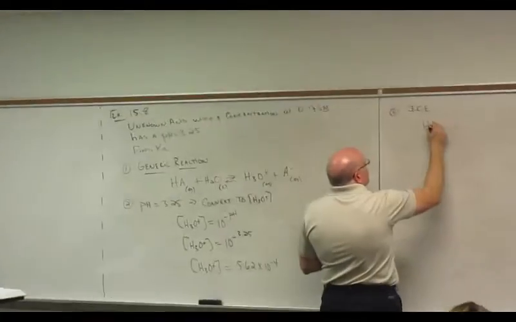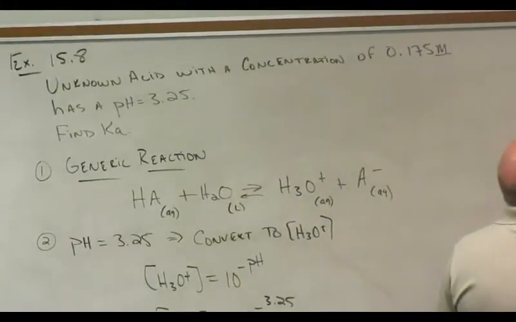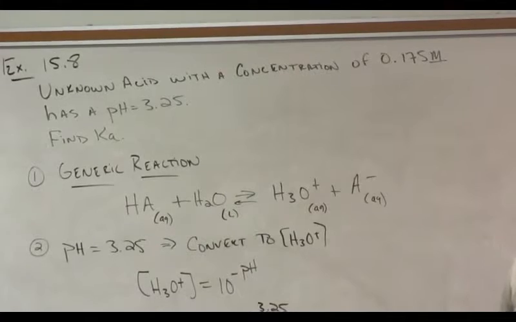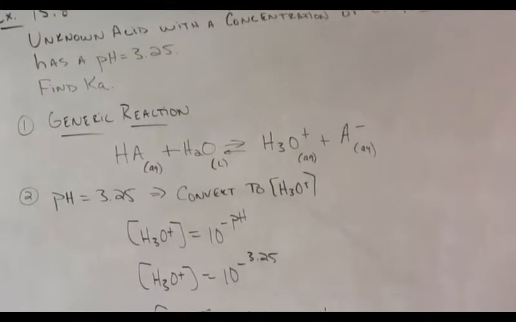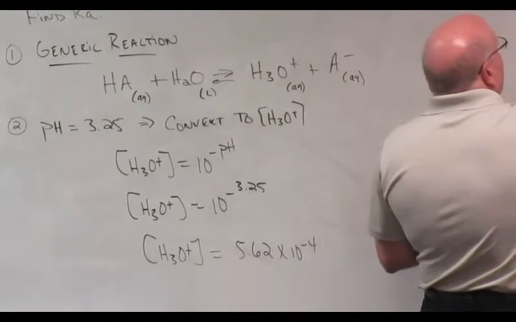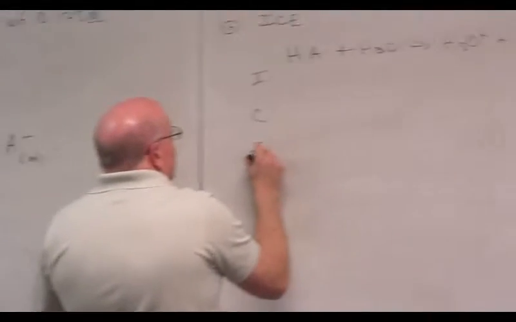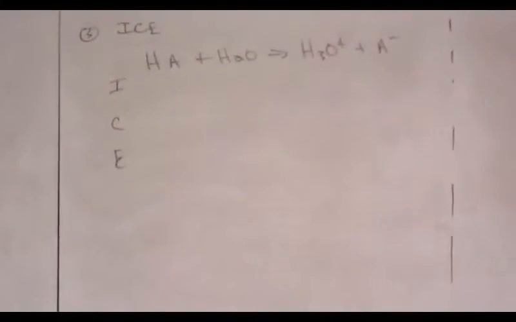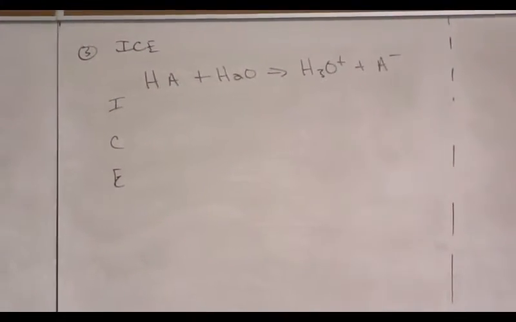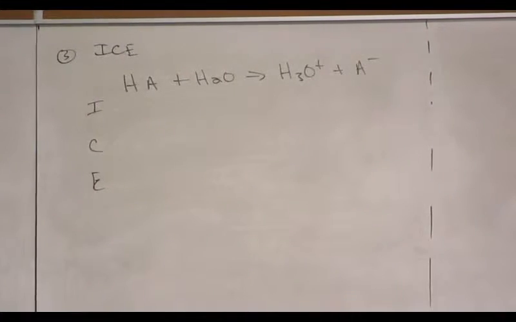Write the generic reaction: HA plus water goes to H3O+ plus A-, with initial, change, equilibrium. They told us we started out with 0.175.